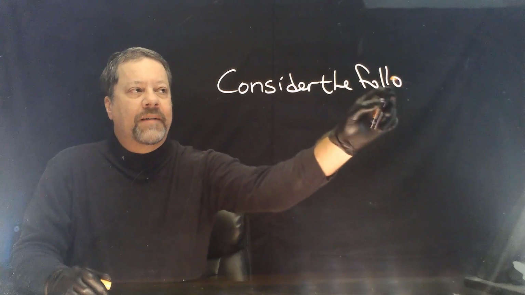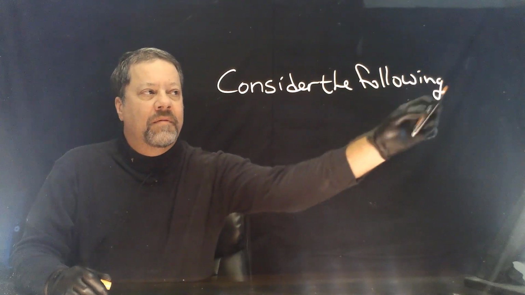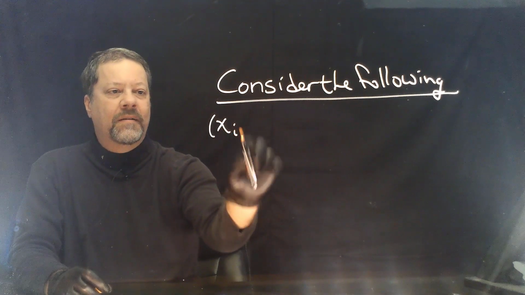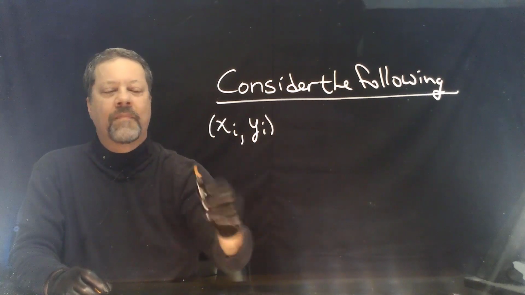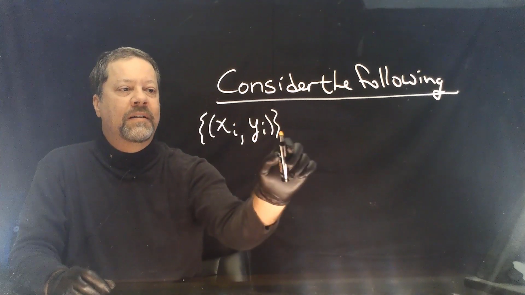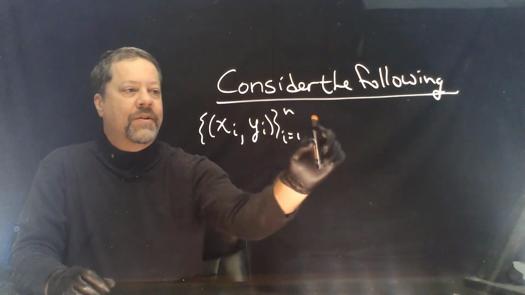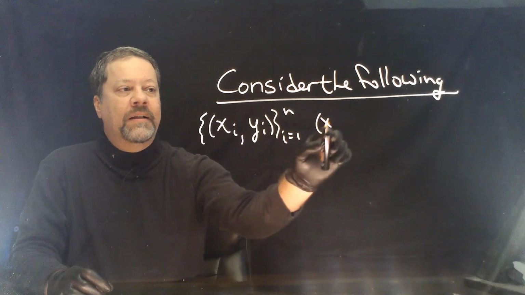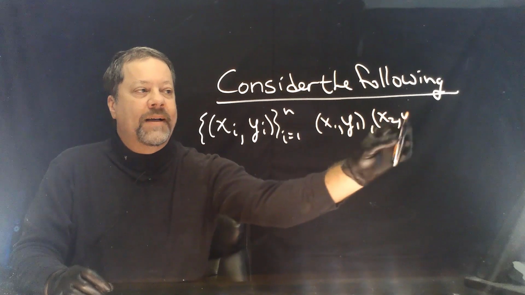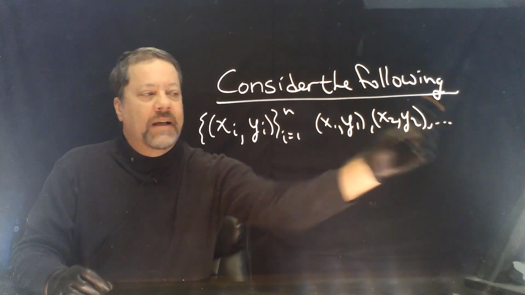Consider the following. Let's suppose we have data points. I'm thinking of quite a few data points. This will be a collection, say as i goes from 1 to n. So this will include x1, y1, x2, y2, and a bunch of different points.